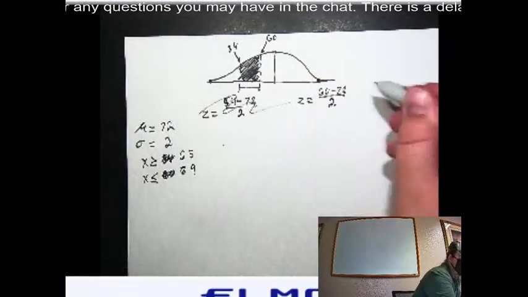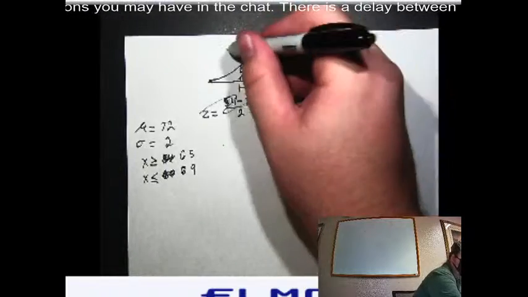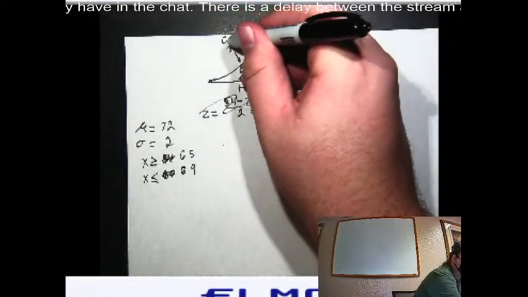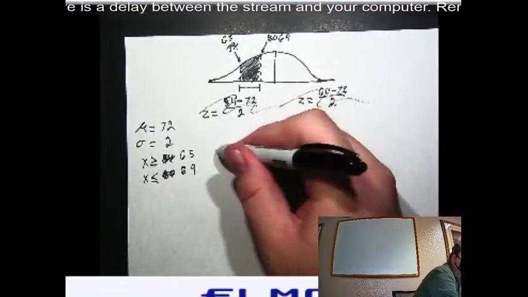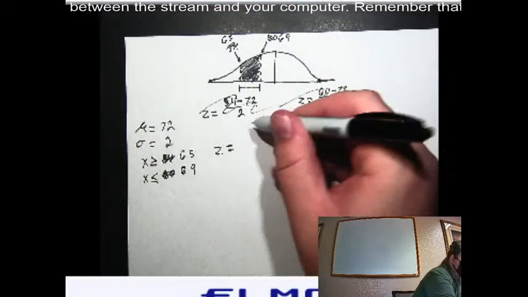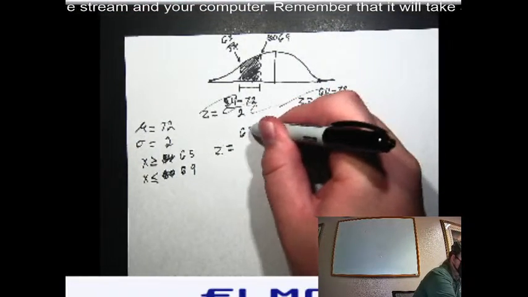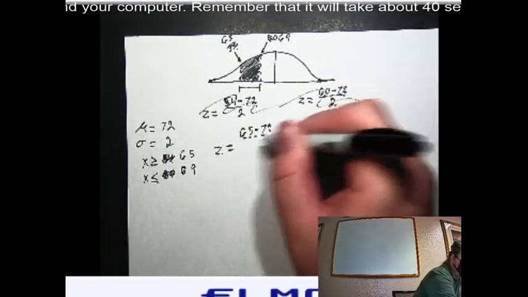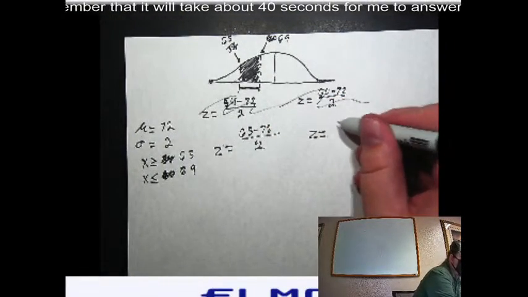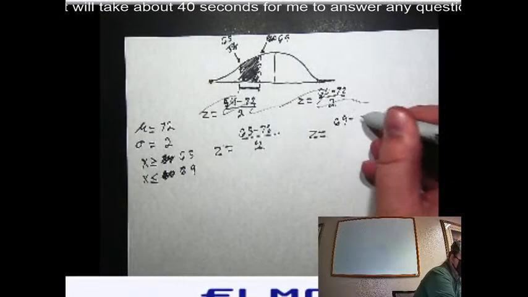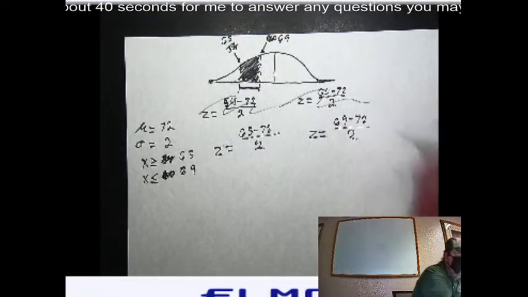Okay. So z equals 65 minus 72 over 2. And z equals 69 minus 72 over 2.